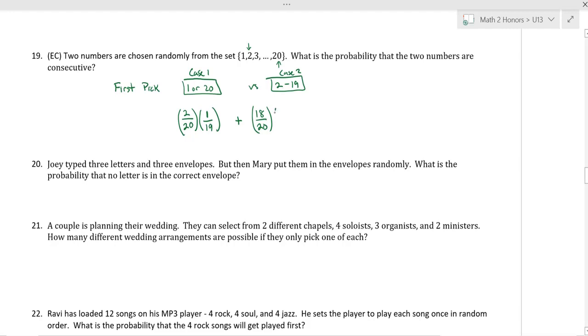So no matter what I picked here, I can pick below or after. So there's 2 options out of the 19. So this together is going to give us what we're looking for. So we end up with 2 plus 36 over 20 times 19, or 38 out of 20 times 19.